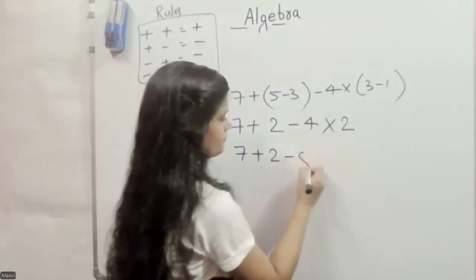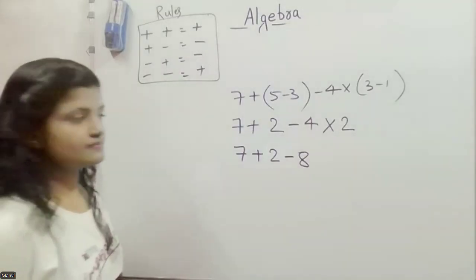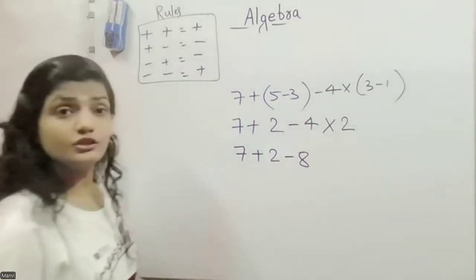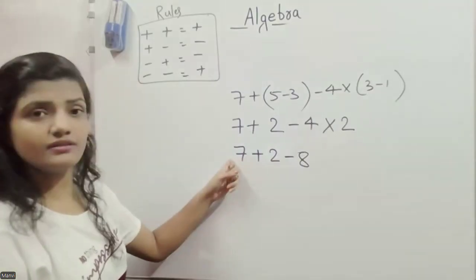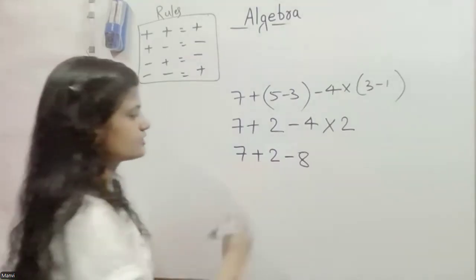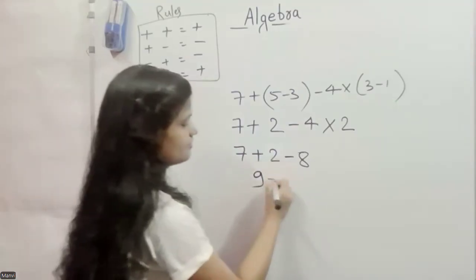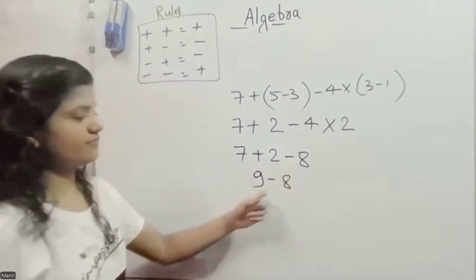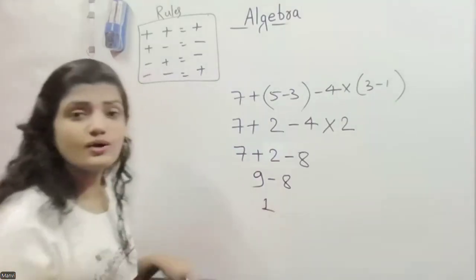Then 7 and 2 is 9, and when we subtract 8 from this 9, the answer will be 1, just 1.